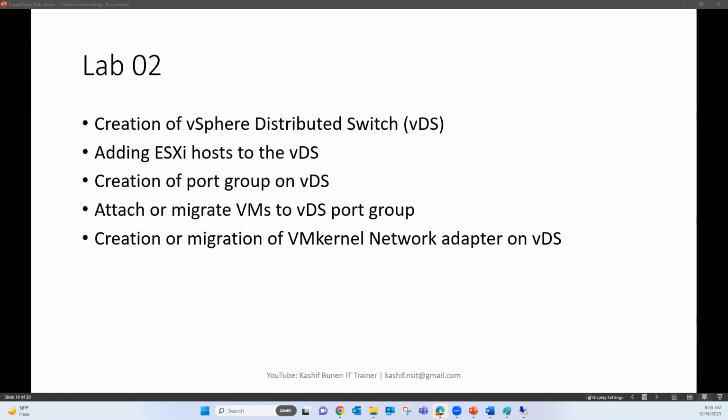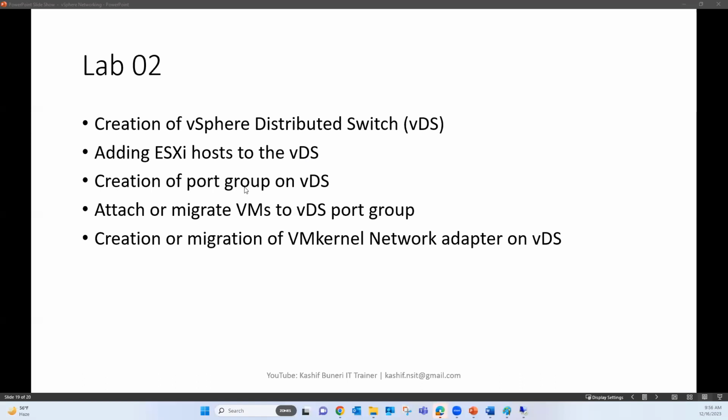And these are the tasks which we are going to complete in today's session for the distributed switch. The first thing, we will learn how to create a distributed switch. The second thing, how to add ESXi hosts to the distributed switch.